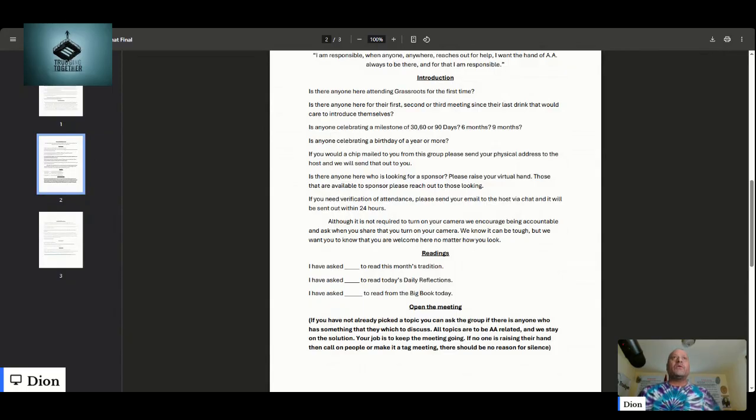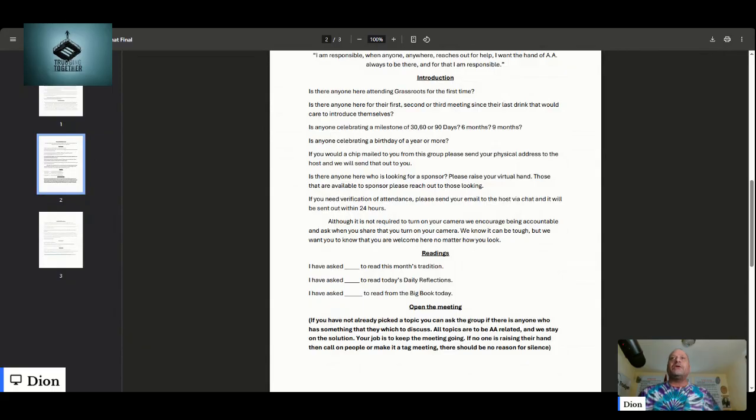This next line is where we are much different. Is there anyone here who is looking for a sponsor? As opposed to, is anybody here willing to sponsor? Now we've done that because that is how the Big Book asks us to do it. There's plenty of stuff in the Big Book that tells us how to find somebody to help.